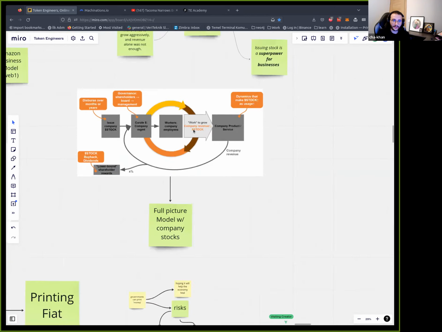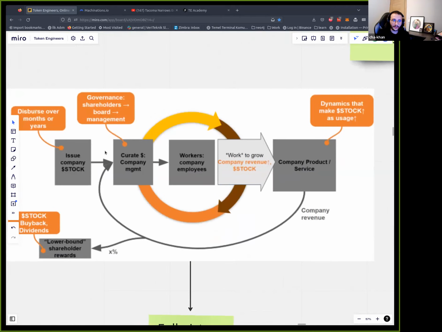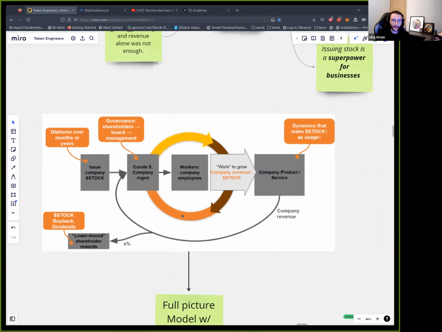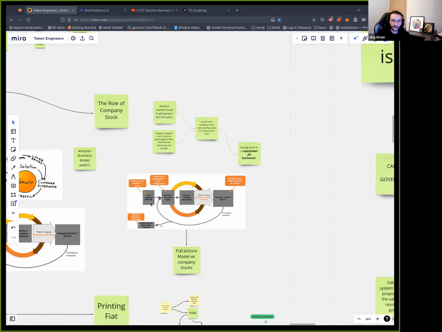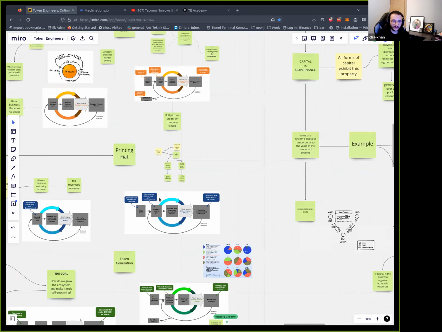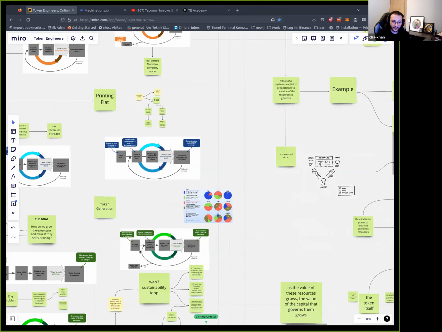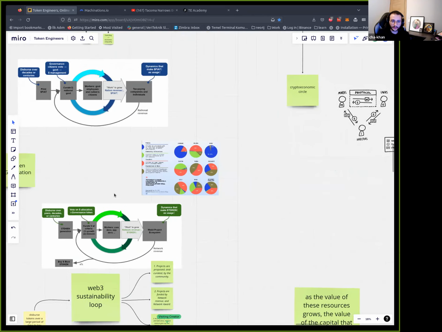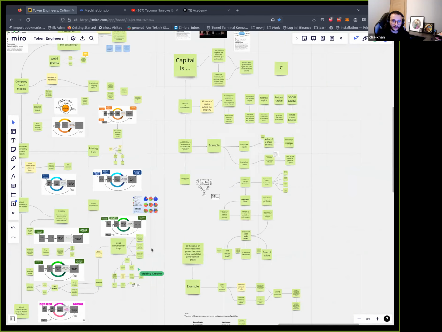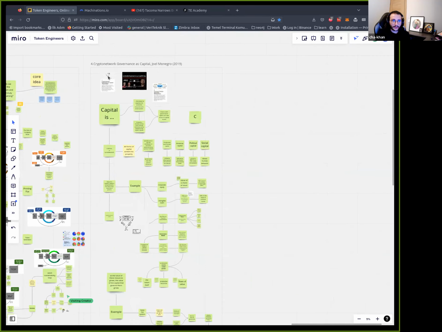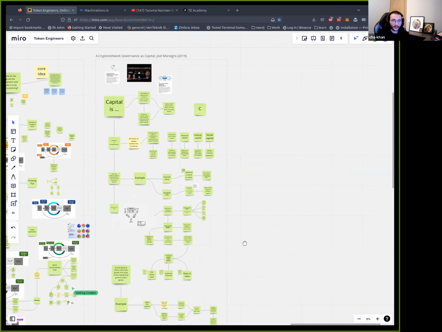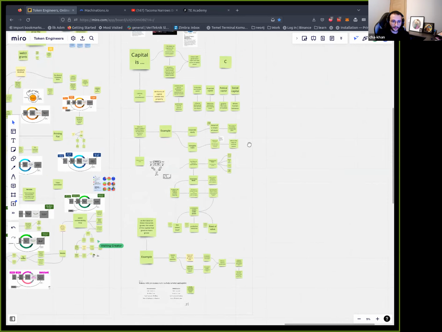And for companies, you have a similar structure with companies issuing stock and then generating revenue and feeding back in. So very similar structures with issuing stock, printing fiat money, and then token generation. And finally, this one, crypto network governance is capital. I think we can skip this one for now.